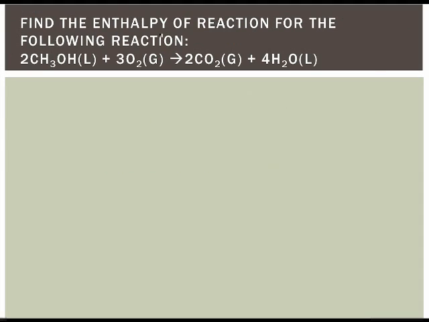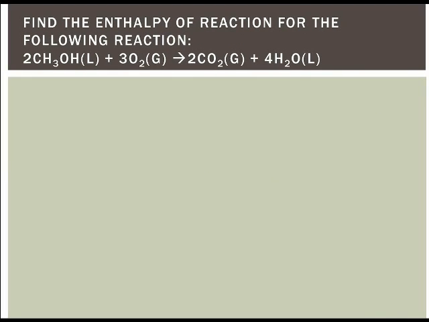Let's look at this. Find the enthalpy of reaction for the following reaction. Given this equation, we're going to find delta H, the heat of reaction, or enthalpy of reaction. Again, remember, that equals the sum of the heats of formation for the products minus the sum of the heats of formation for the reactants. Now, these are actually easy to find.